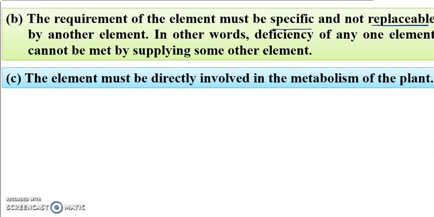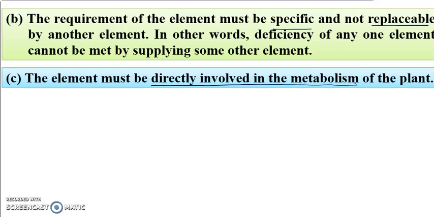If my organization has to work, I have to sit there, I have to directly be a part of it, coordinate everything and do the work. Same logic applies to the plant. Whatever element I'm taking, it has to be directly involved in the metabolism. Otherwise, there's no point of it. Right? So these are the three criteria. What are they? It should be absolutely necessary, it should be specific and irreplaceable, and it should be directly involved in the metabolism.